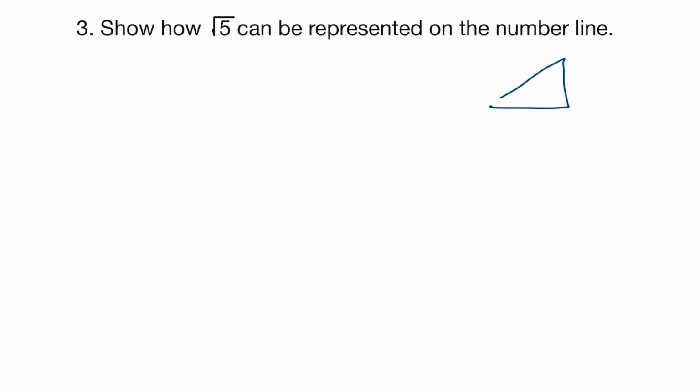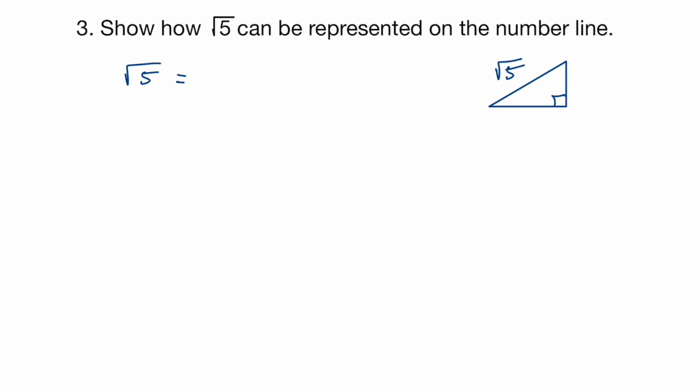Now we are going to have a right angle triangle, and that is how we are going to get root 5. The hypotenuse is going to be the value root 5. Now to have root 5 as the hypotenuse, what should be the dimensions of the sides of the triangle? That is a very simple question, I think.